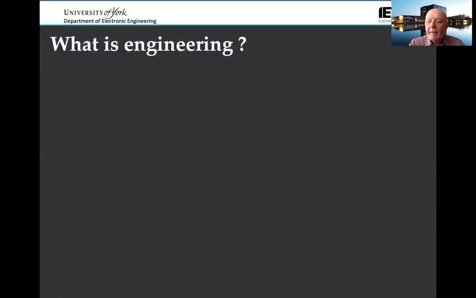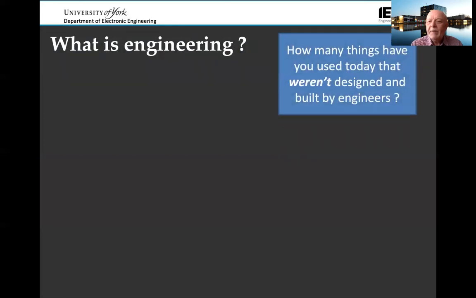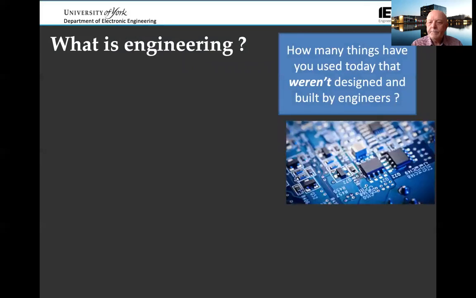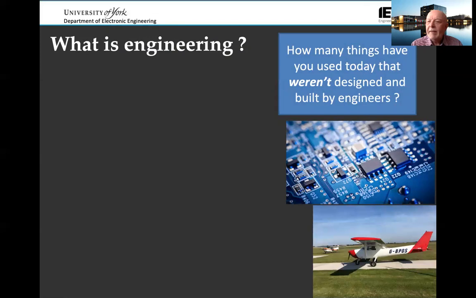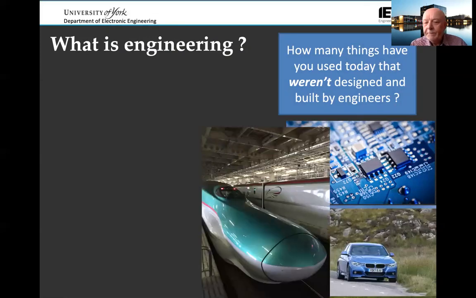So engineering, we're passionate about engineering, and for me, engineering is all about building things, about creating things. And actually, if you think about how many things that you've used today, you used yesterday, that you're going to use tomorrow, pretty much everything was designed and built by engineers. So from very small things, so the circuits and everything that's inside your mobile phone, to things like aeroplanes, to things like cars, to things like trains.